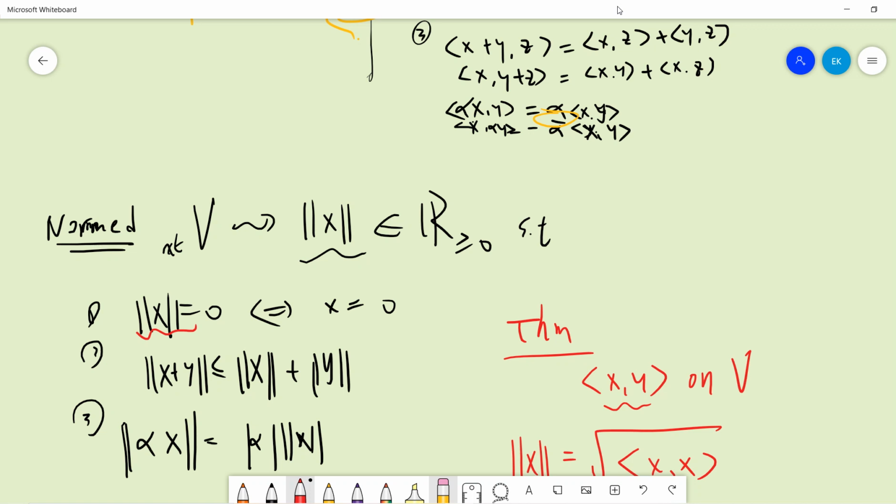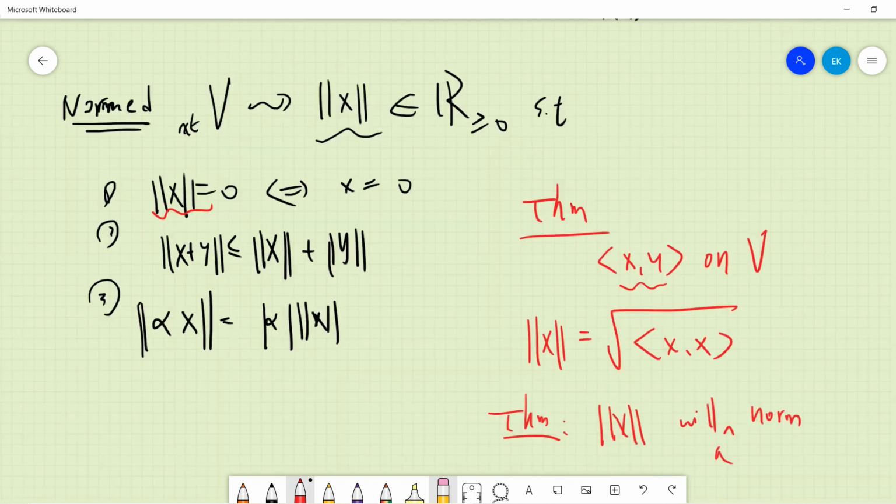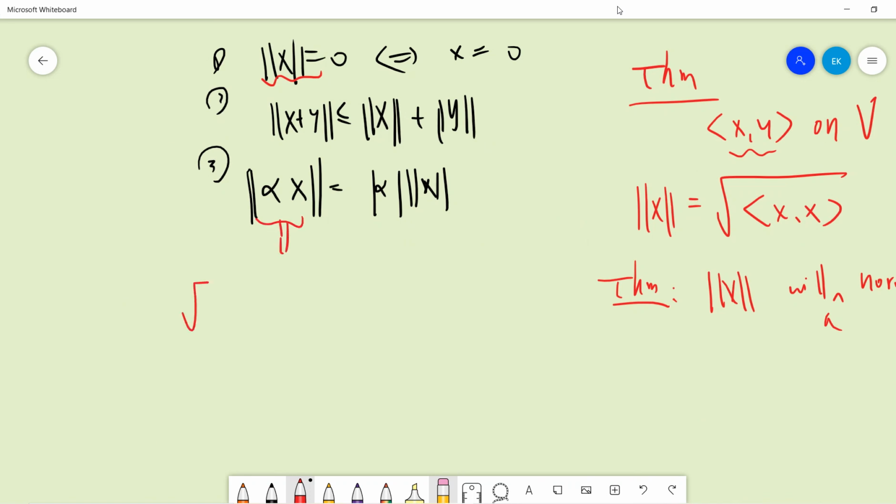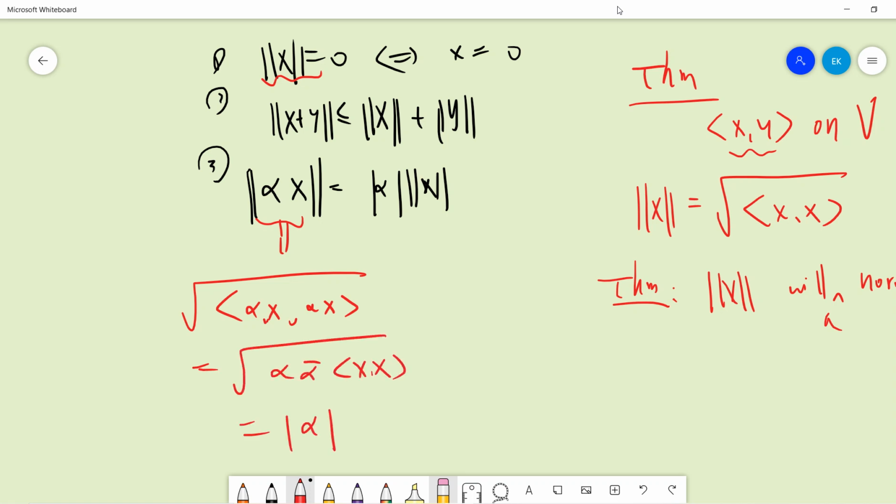And the scaling property is also by definition. Let's check it. If I define the norm to be the square root of the inner product of alpha x with alpha x, then it becomes alpha times alpha bar times the inner product of x with x, so it becomes the absolute value of alpha times the norm of x. Okay, so this is by definition.